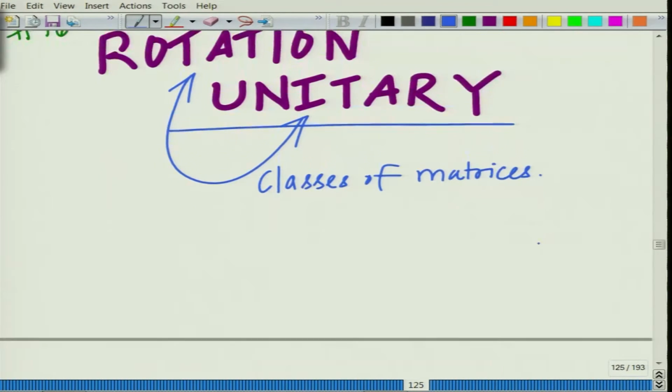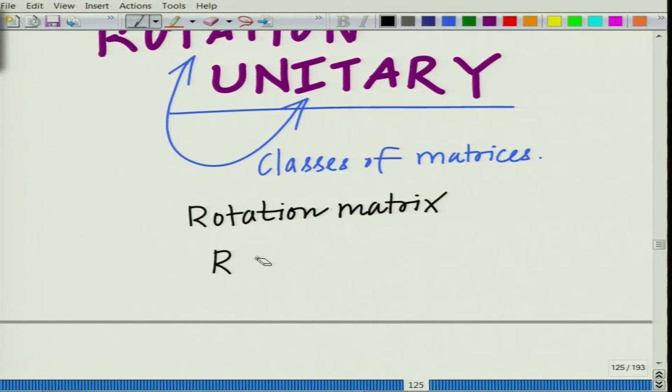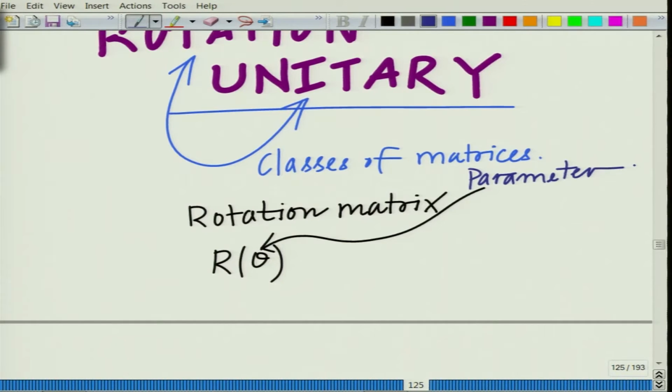Now, the rotation matrix parameterized by theta, what we call a standard form rotation matrix, R of theta. This theta is what we call a parameter, or basically a free variable, right. That is, theta can vary independently, and depending on that you have the matrix.